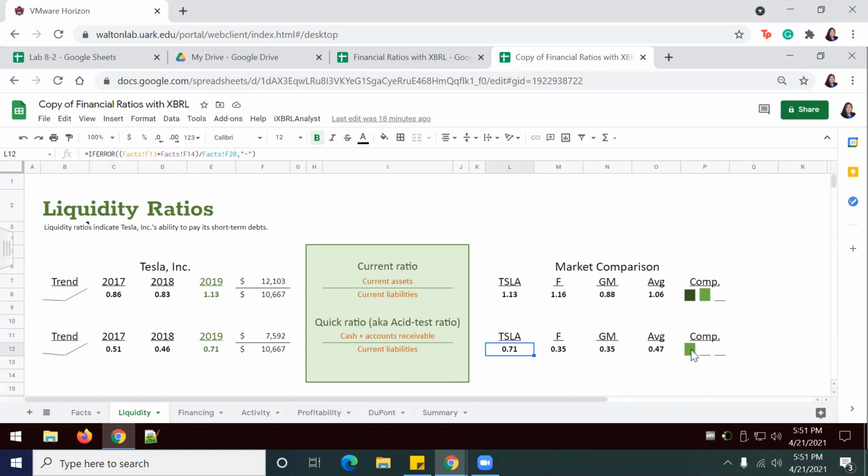Tesla, we see, is better off than Ford and GM. And now that I'm thinking about it, going back to the current ratio, we see that Ford is actually slightly better off. So I think I failed to see that 0.03 difference there. But yes, it is obvious if we see here the comparisons.